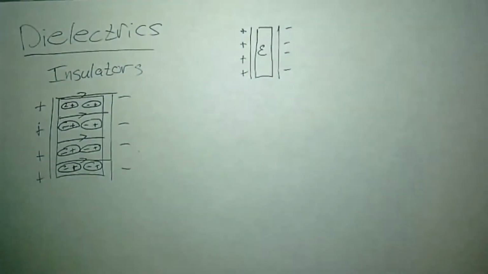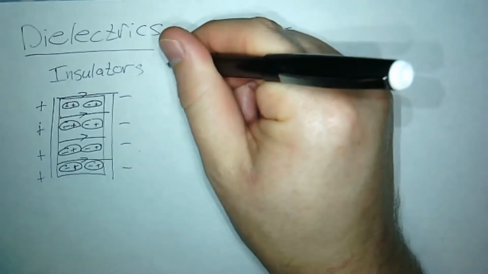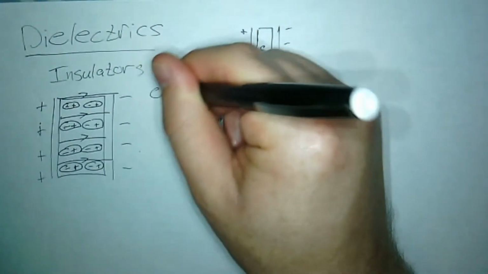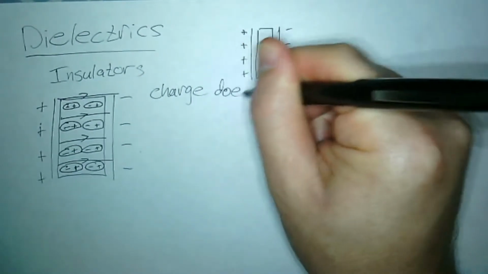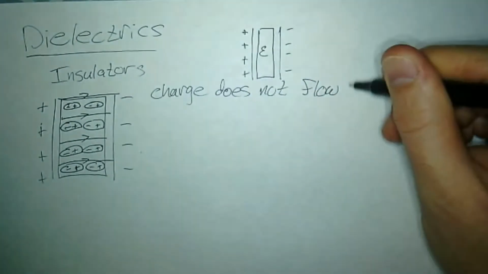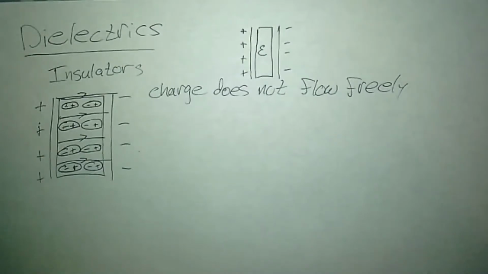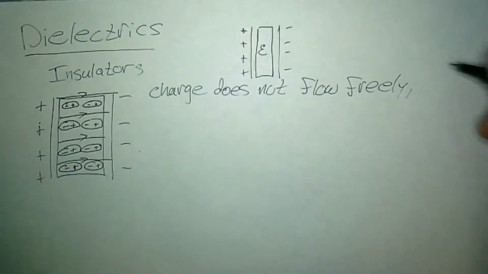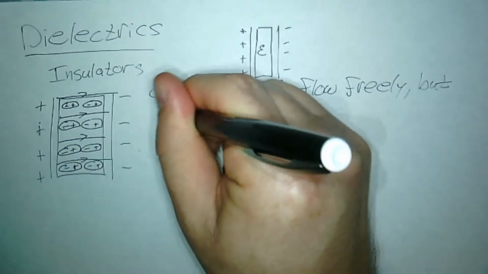But because it's an insulator, charge can't flow freely, but it can be polarized.